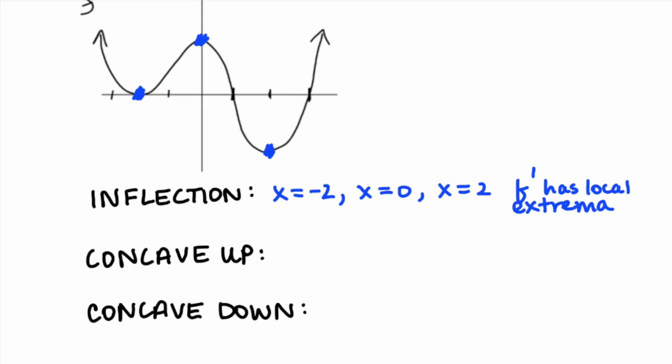Okay, concave up. The graph of f will be concave up when f prime is increasing. So that would be on the interval -2 to 0, and also on the interval 2 to infinity. All right, and then concave down, f prime is decreasing. I should probably say f prime is increasing.